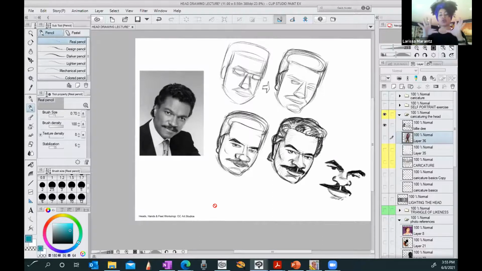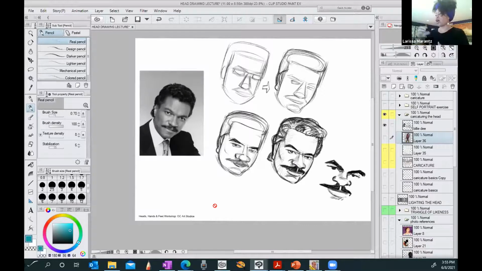You can't do a caricature of someone if you can't make it look like them. If you can't draw them to look like them before you start the caricature, you're not going to get a caricature at all. It's just going to be so hard because you're not going to understand what it is that you're trying to exaggerate. So it's important to understand what you're exaggerating first and then push those relationships between the things.